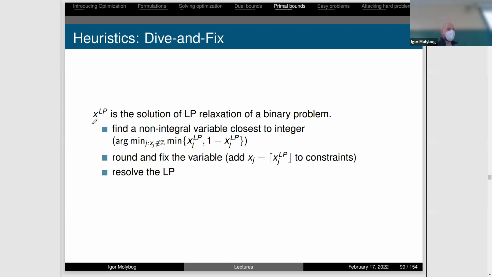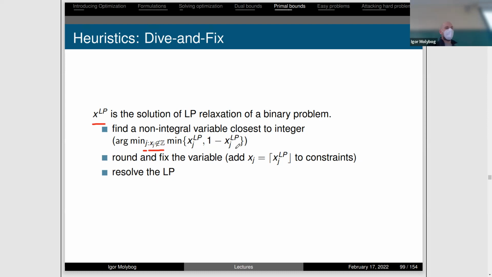Given a solution to the LP relaxation, xLP, to a binary problem, we are finding a non-integral variable that has the closest value to an integer value. So basically, we are finding j such that xj is not an integer value, but is very close to being an integer, either 0 or 1.